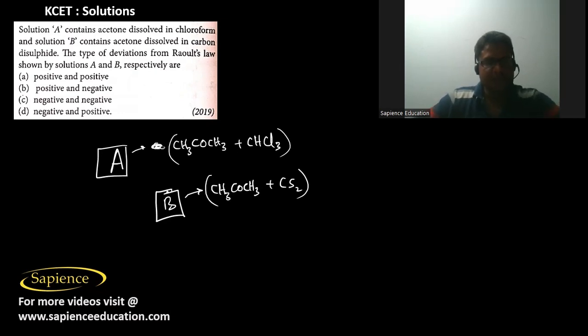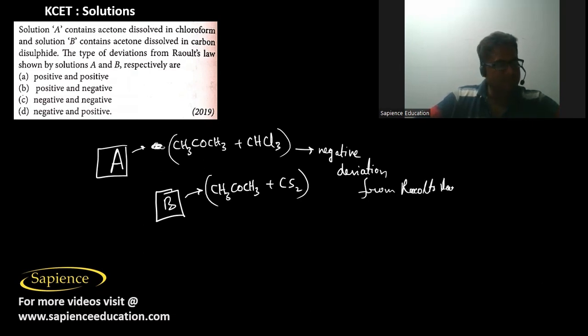So solution A will show a negative deviation from Raoult's law. Since in this case of solution A, its boiling point will be more than the normal boiling point.